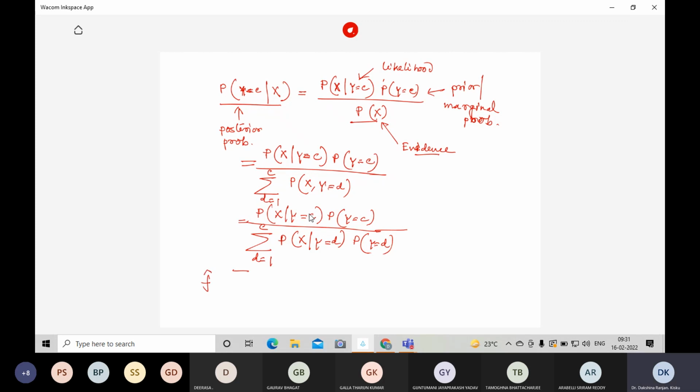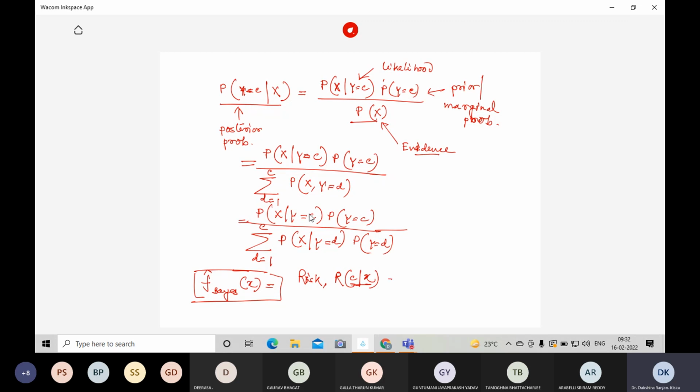If the estimated risk is denoted by f cap x, then it is better to write first the risk R of C given X. That means we are trying to estimate the risks of the class label C in presence of feature vector X.